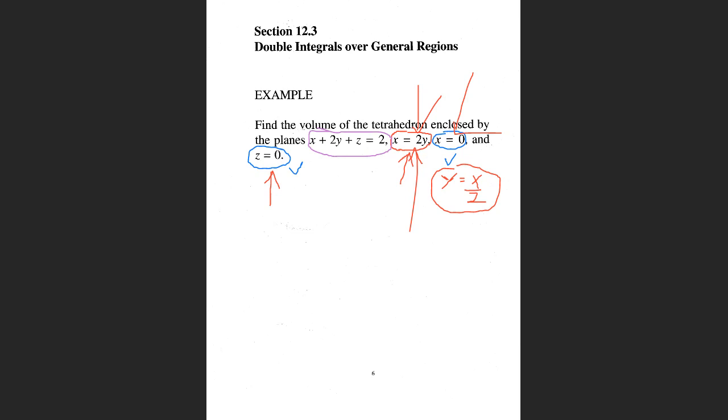Good. Well, here's the plane, x plus 2y plus z equals 2. That plane is not a horizontal plane, it's not a vertical plane, it's a plane at an angle, right? And that's going to be the plane that bounds it above. So this is going to be how we get our tetrahedron.